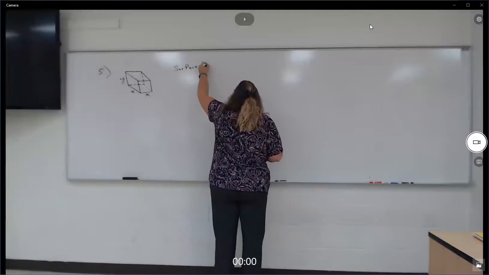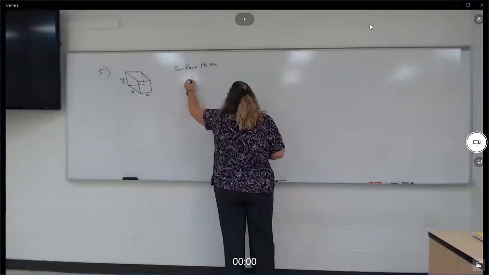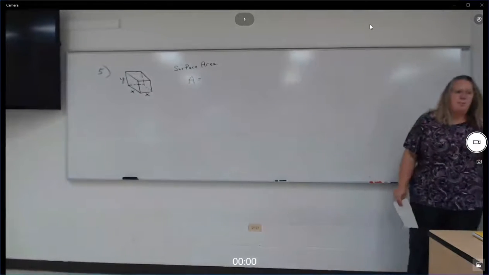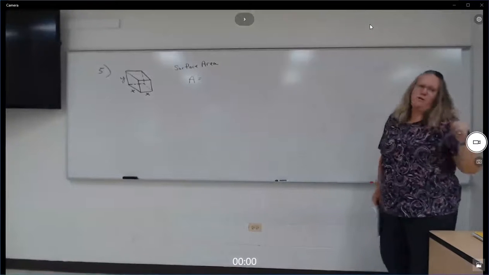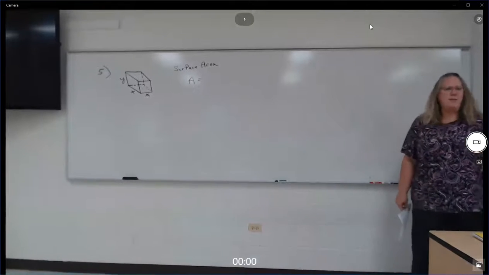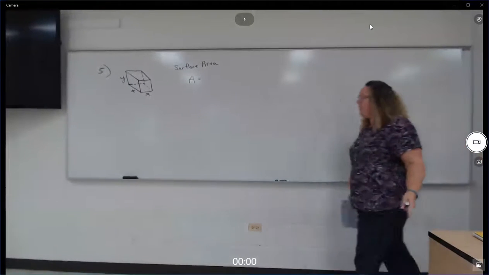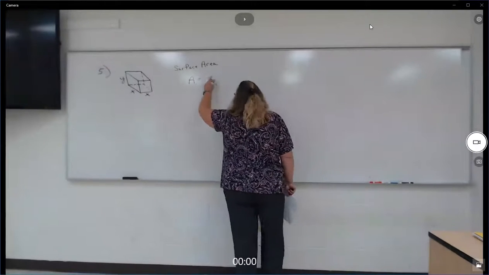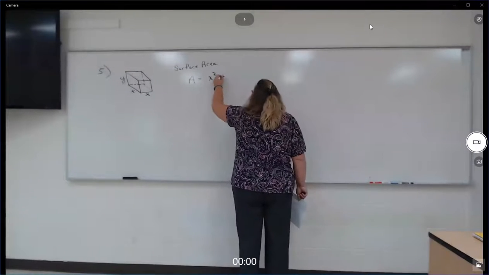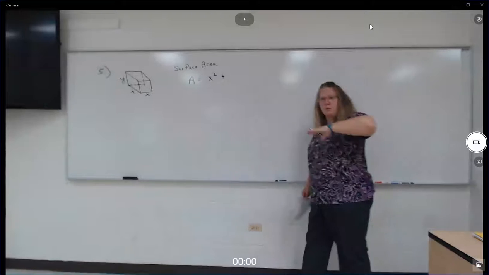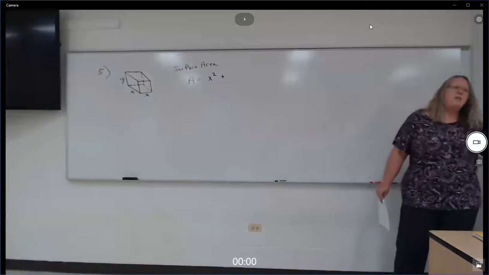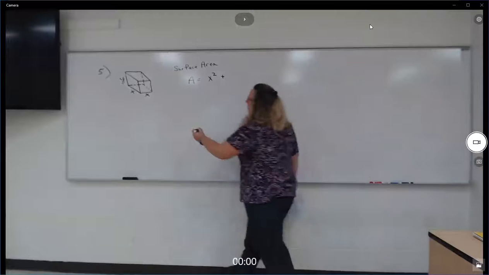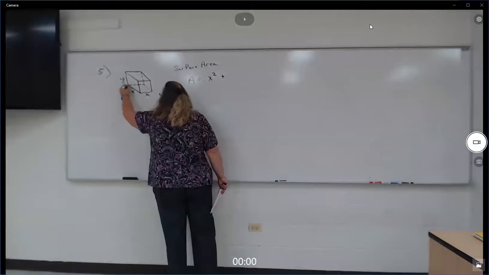Surface area. So same thing, how do we find the surface area? Remember, no top. So the surface area is the area of every side added together. So the area of the base is x times x, the rectangle, or x squared. And then there is no top, so we don't have to worry about matching it. And then we got the 4 sides going around. Each of the 4 sides going around is x times y.